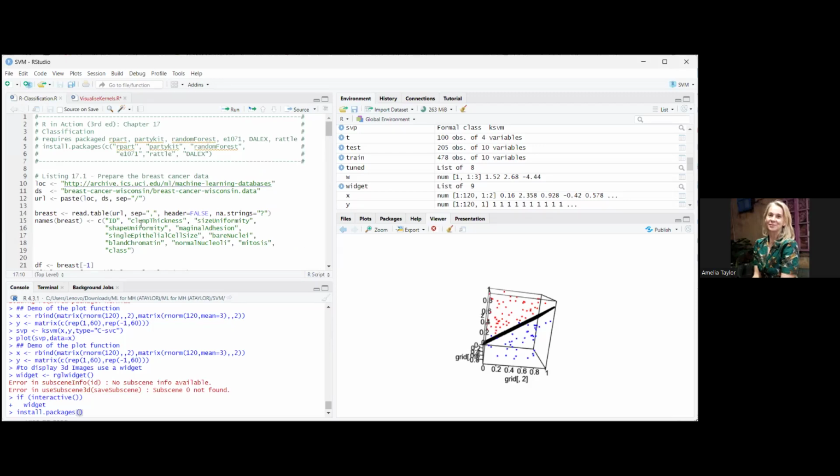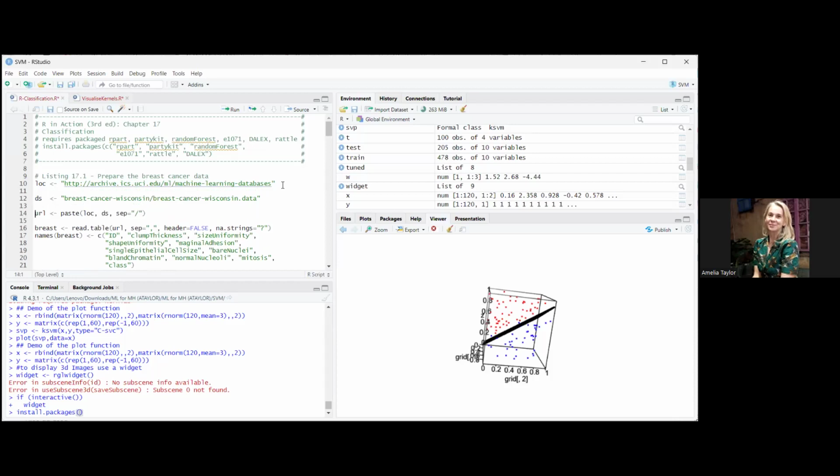There's a new data set being used. This data set comes from the UCI data archive. If you have never used it before, there are a lot of data sets on this archive that you can explore. The data set being used here is about breast cancer.